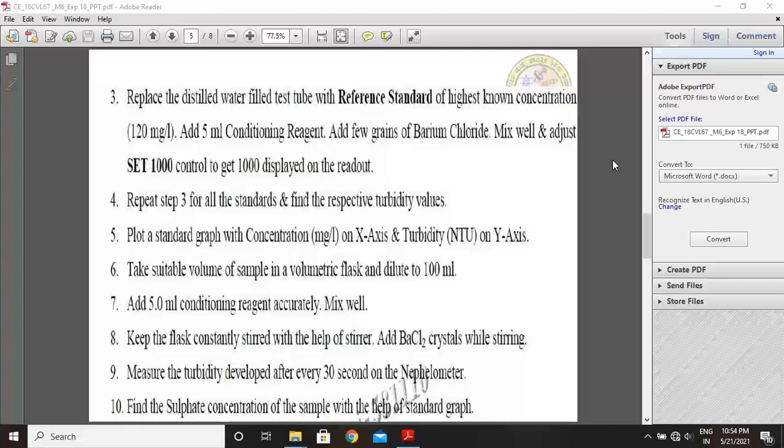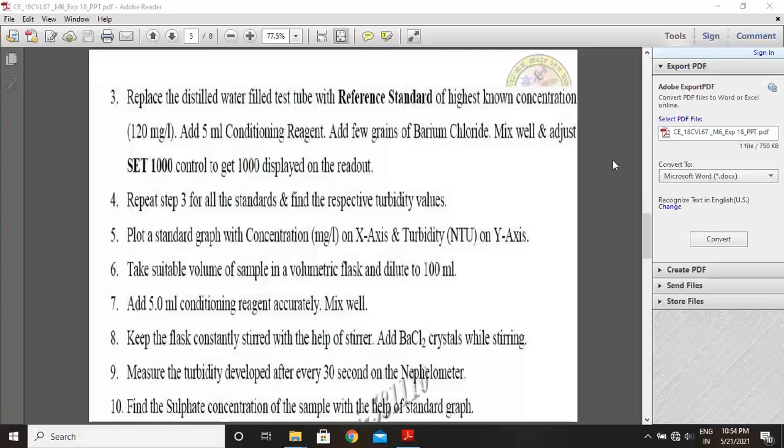The next step, repeat step 3 for all the standards, that is 40, 60, 80, 100, and find the respective turbidity values. So we get the turbidity values from the nephelometer instrument.